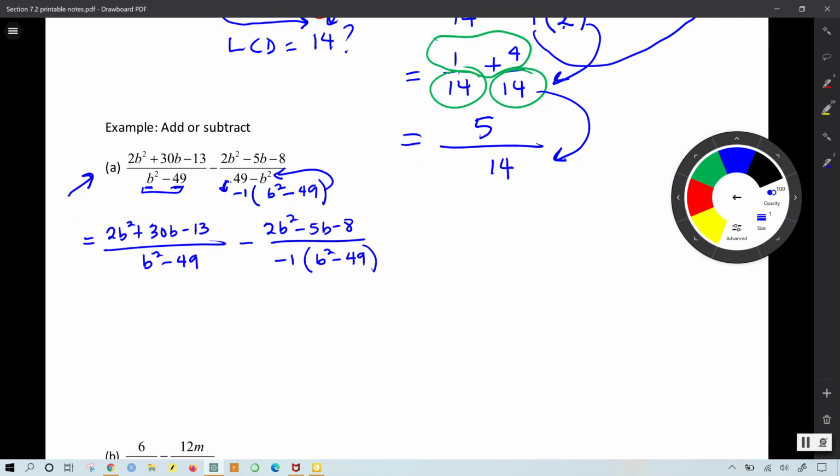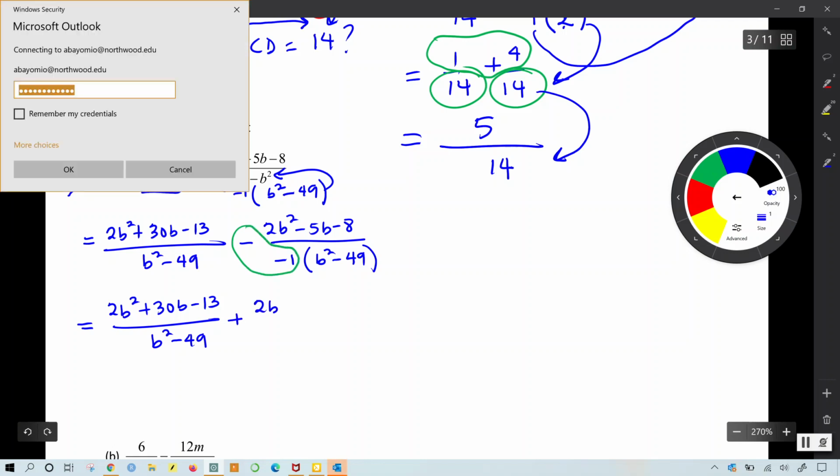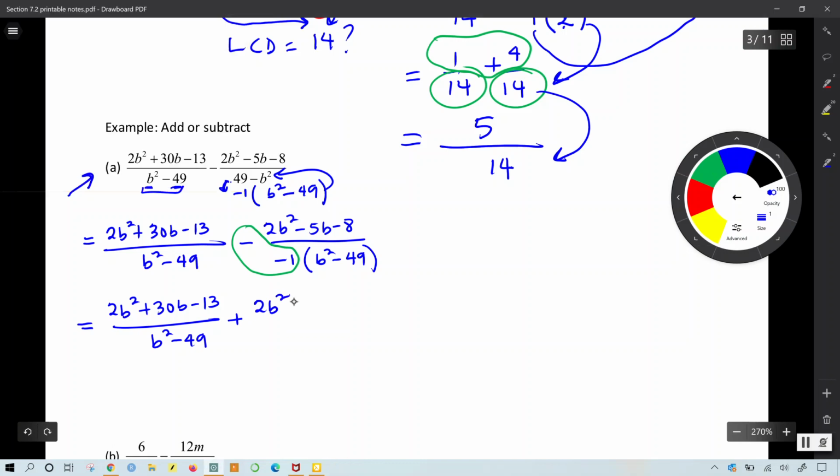With that written, we can proceed to 2b squared plus 30b minus 13 all over b squared minus 49. And we have negative divided by negative. That becomes positive 2b squared minus 5b minus 8 divided by b squared minus 49.